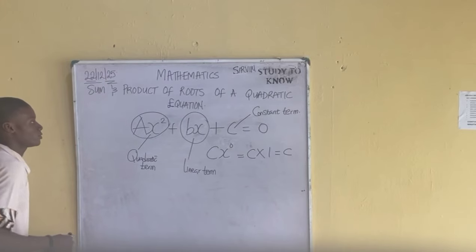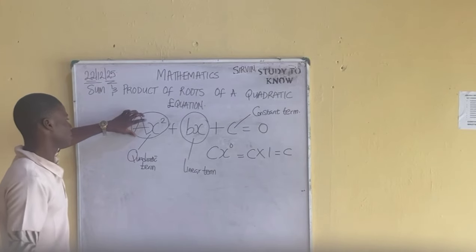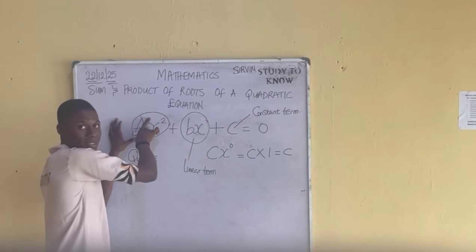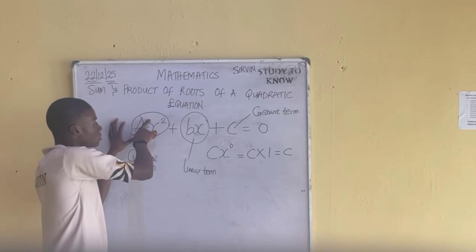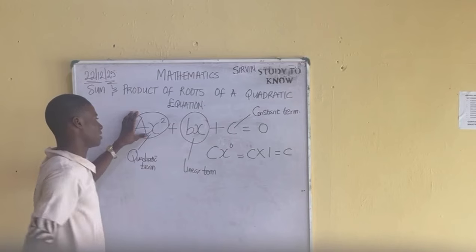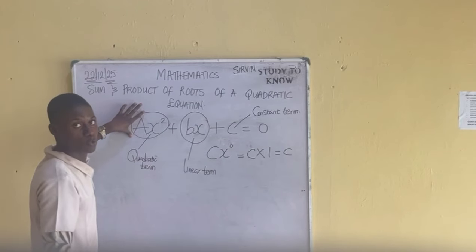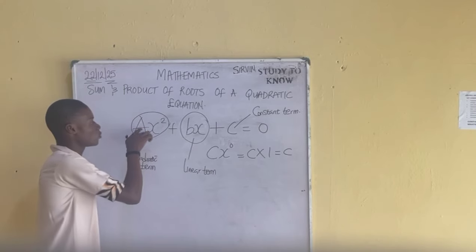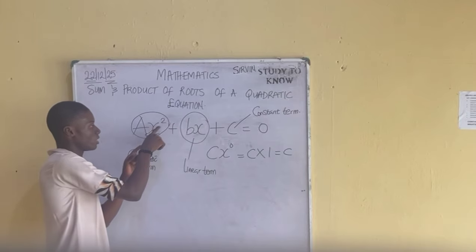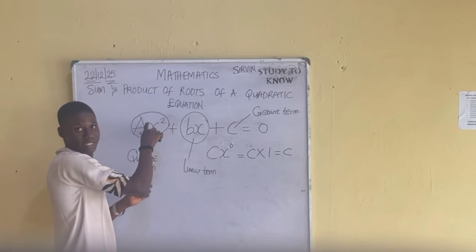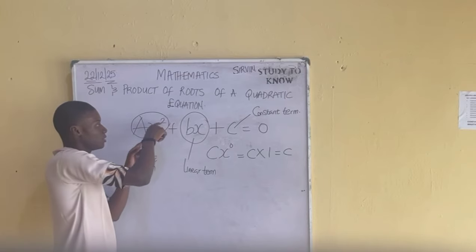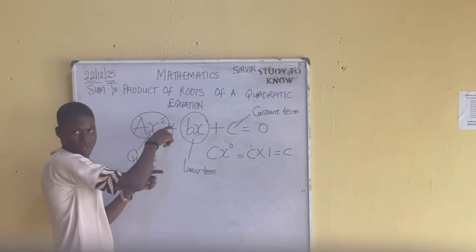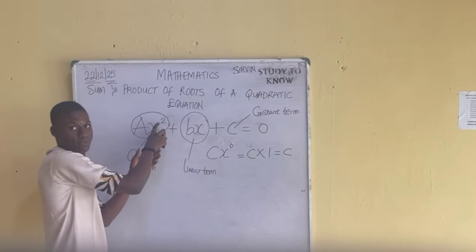And you also know that this a here can be any number, but not what? 0. For this to be a quadratic equation, a must be any number, but not 0. If it is 1, automatically there will be x squared, because 1 times x squared is still x squared, which is a quadratic equation. If it's 2x squared, it has the power of 2, which makes it a quadratic equation.